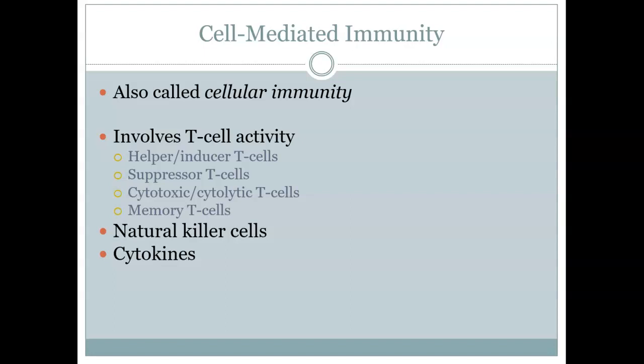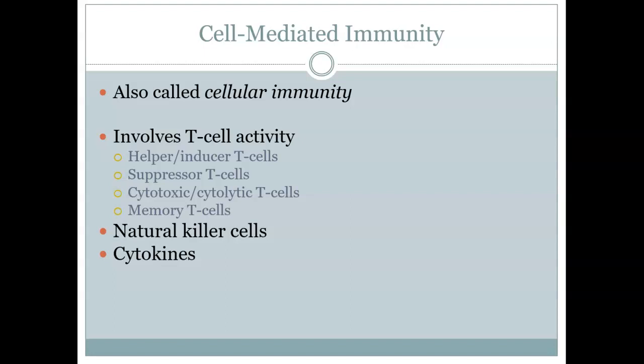And then we have T cells that are cytotoxic, cytolytic, and these T cells destroy cells that contain the processed antigens, in particular parasites, that have this complex of MHC, or major histocompatibility complex.